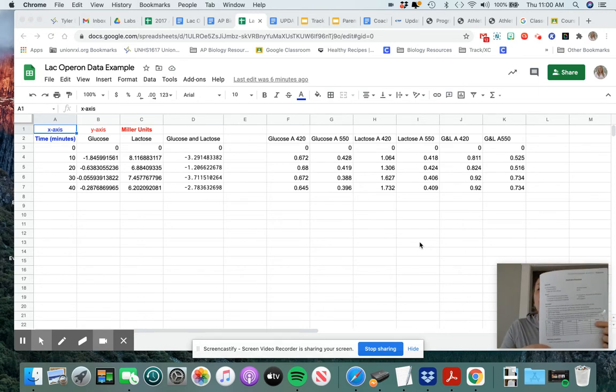Even though we didn't do the qualitative procedure, I still wanted you to have that table filled out because you were going to record the description of what it looked like, so we could see if there was any color change, which after about 30 minutes, you should have seen a slight color change in at least one of the tubes. If you don't have that, reach out to your lab group members and see if one of them has that qualitative table filled out if you had just one person in your lab recording the data.